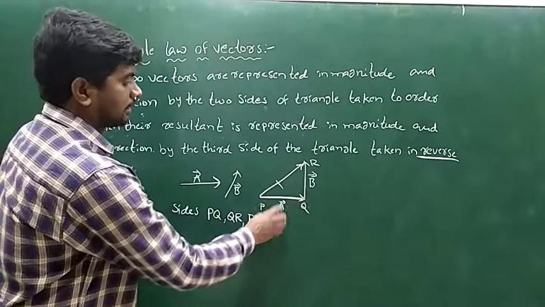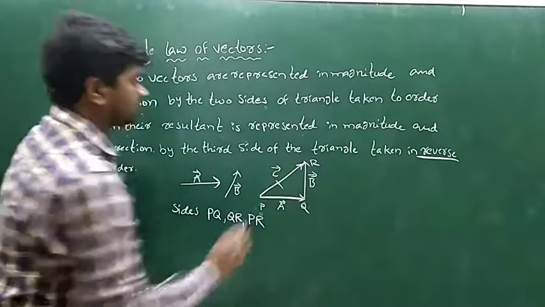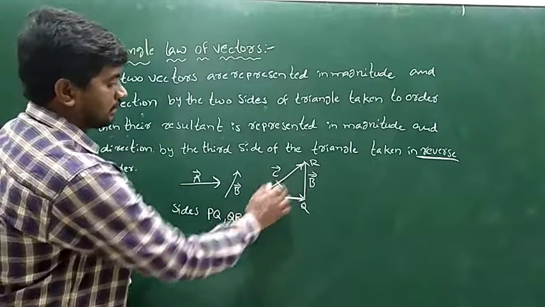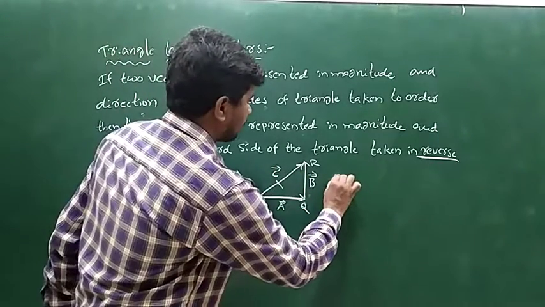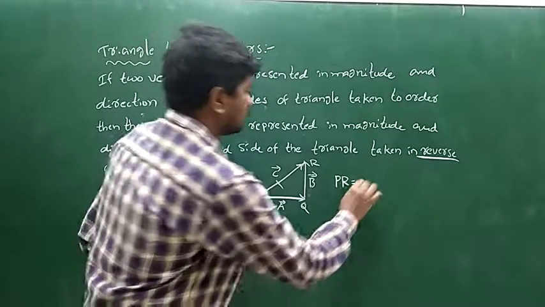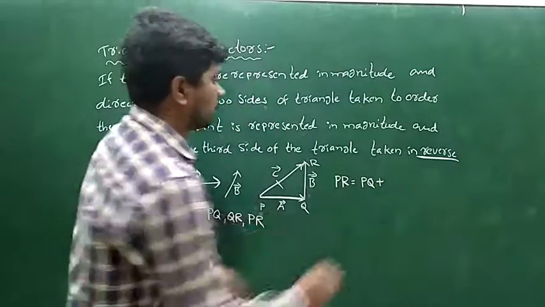The two vectors are A bar and B bar. C is the resultant vector. The third side is the opposite side to the two vectors. PR is the opposite side. Therefore, PR equals PQ plus QR.